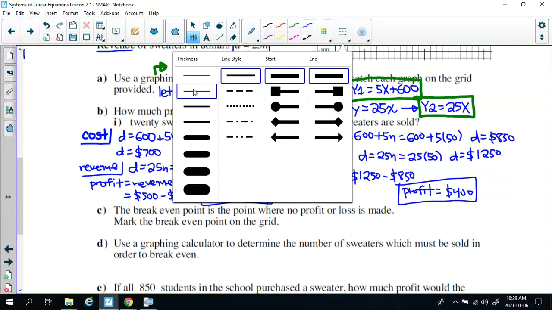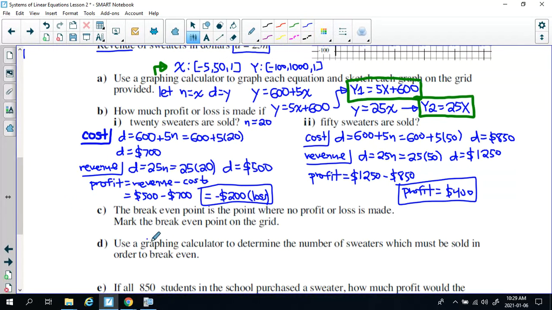So, x is 30, and then y is 750. But let's write down the correct variables. The correct variables are n is x and d is y.